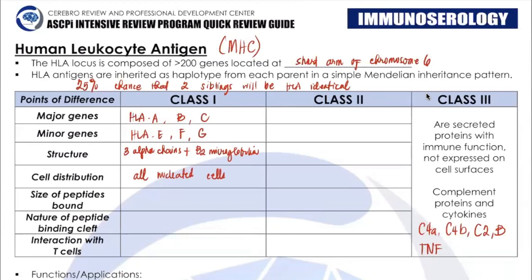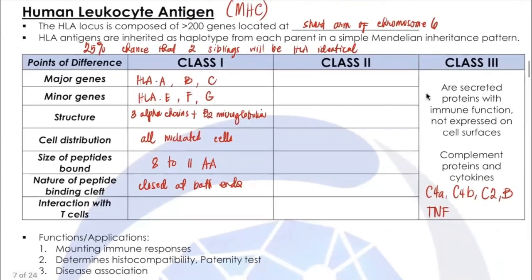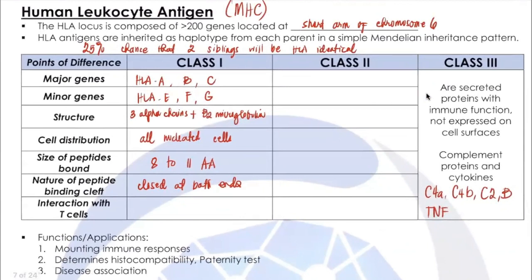And the size of the peptides that they are usually binding is composed of around 8 to 11 amino acids. The nature of the peptide binding cleft is closed at both ends. And it interacts, of course, with our T cytotoxic cells.